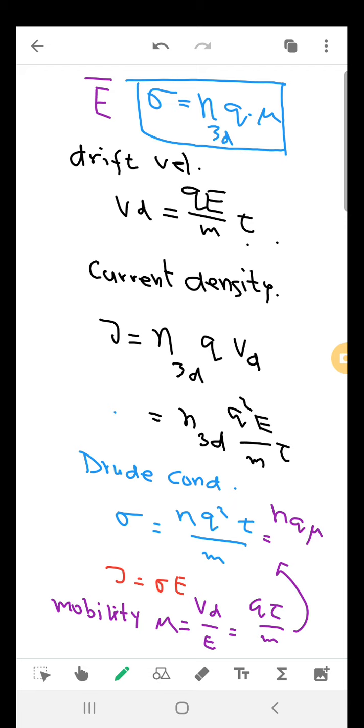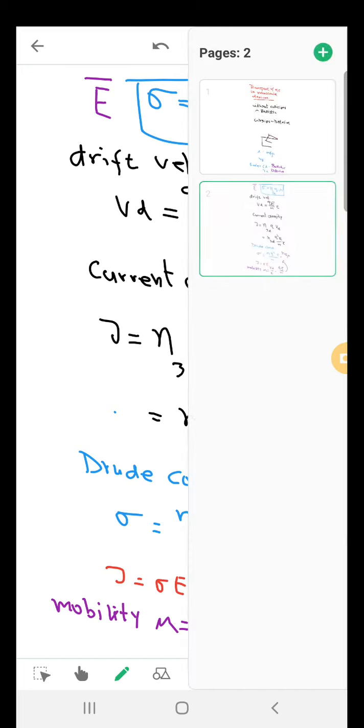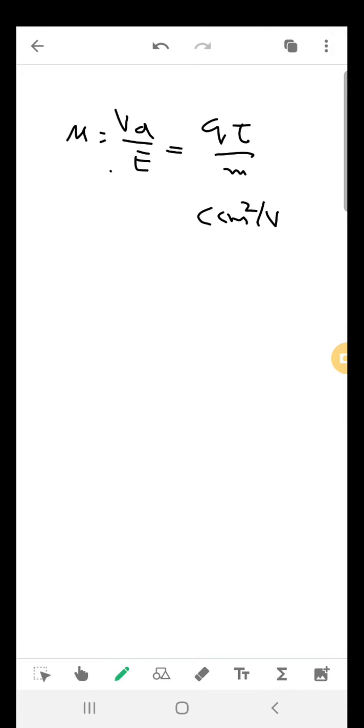Now if we look into the mobility part, that means how efficiently the electrons are moving through the device, mu equals Vd by E, equal to qτ by m, and it is expressed in centimeters square per volt second.